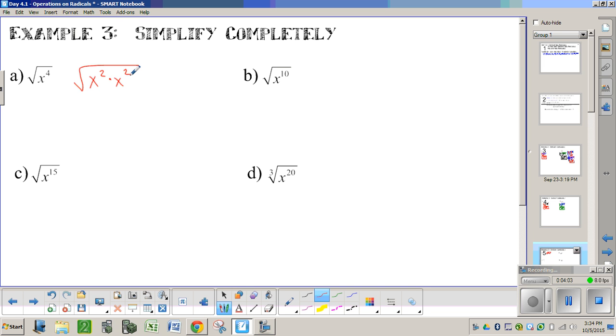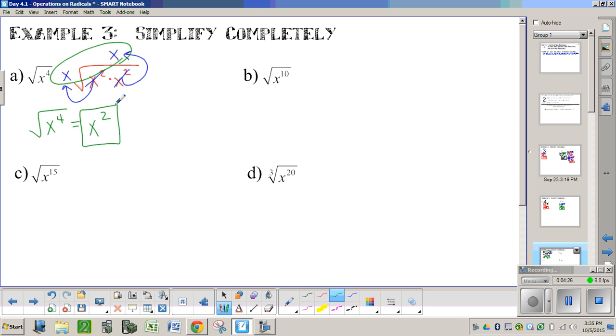X squared happens to be a perfect square because I can multiply x by itself. So what happens is this is a perfect square, that's x, but this is also a perfect square, so that's also x. So on the outside of my radical, I've got x times x. So the square root of x to the 4th, because it's a perfect square variable, is just going to be x squared.